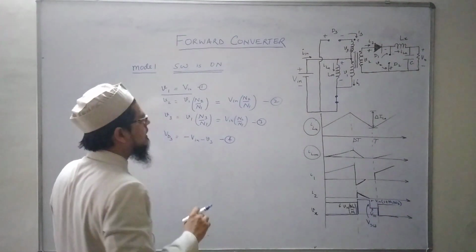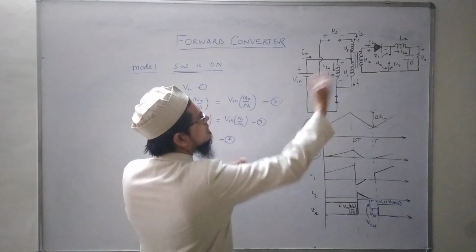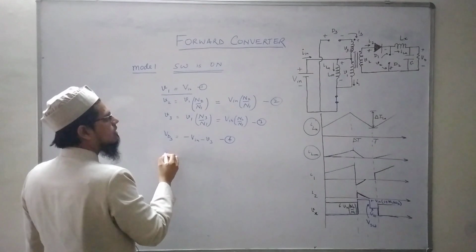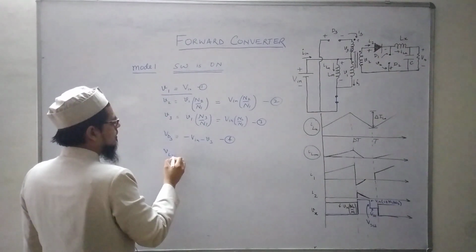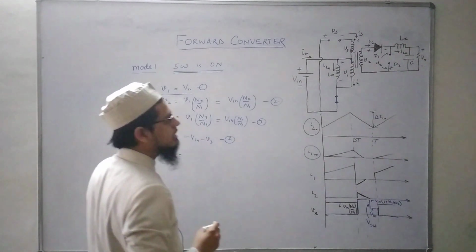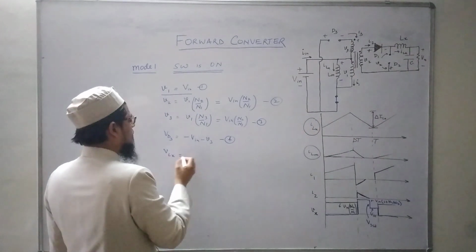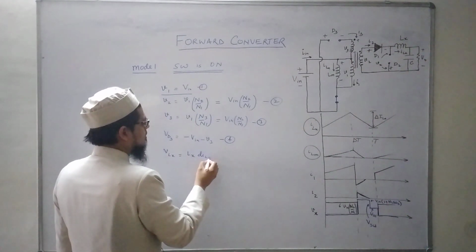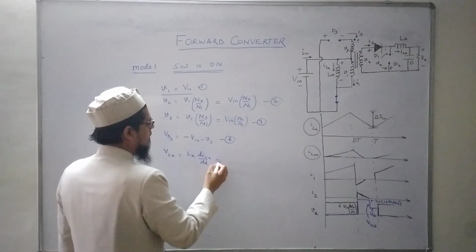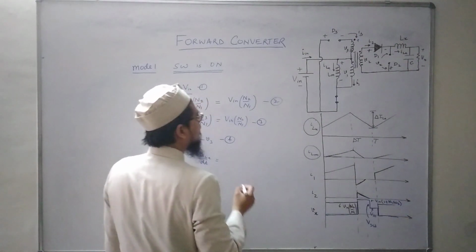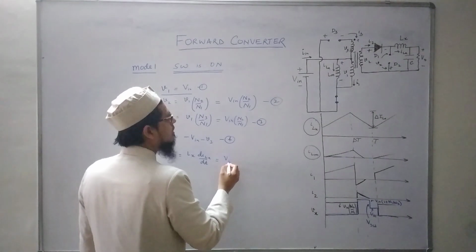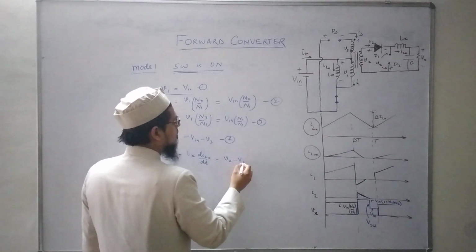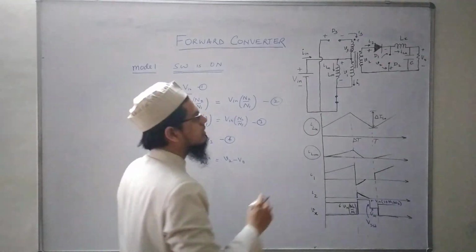Now let me write down the equation for the secondary side, and let me first write down the voltage appearing across the inductor Lx. VLx is given by Lx diLx by dt, and this is equal to V2 minus V0.